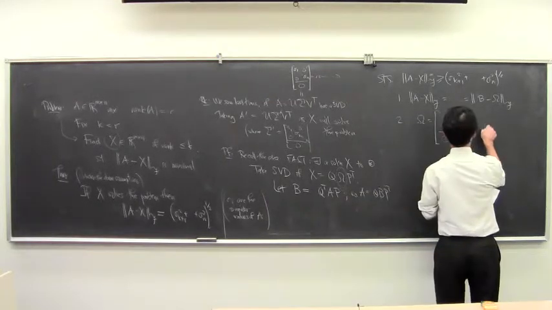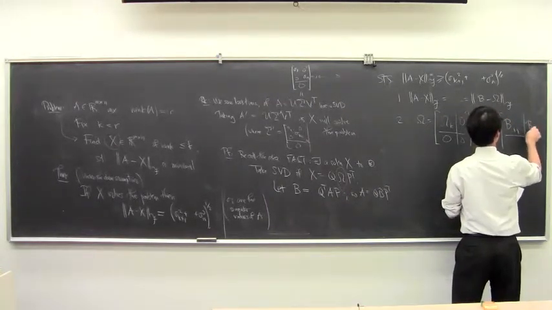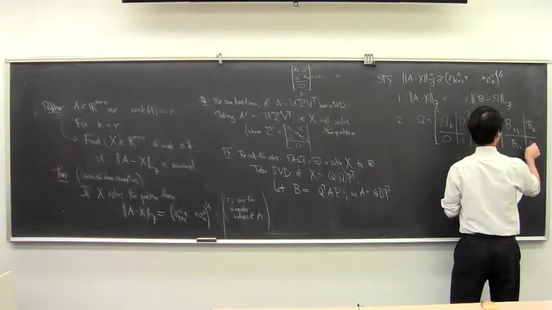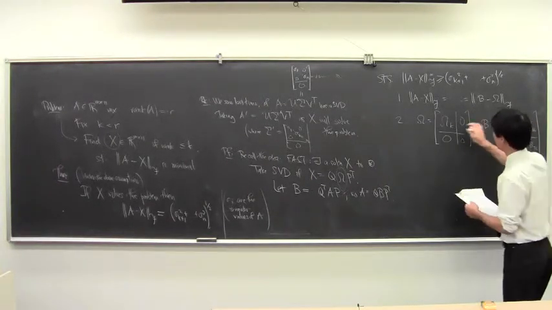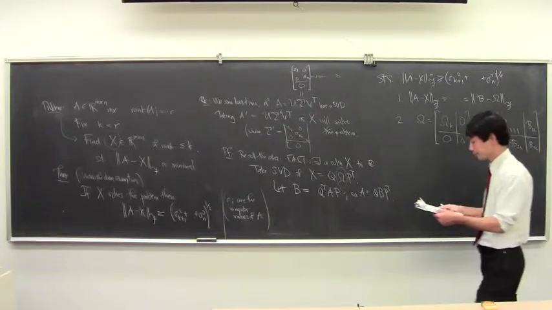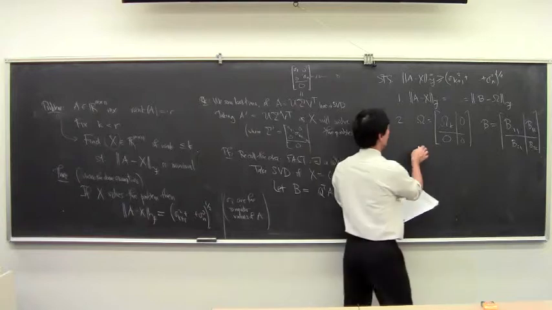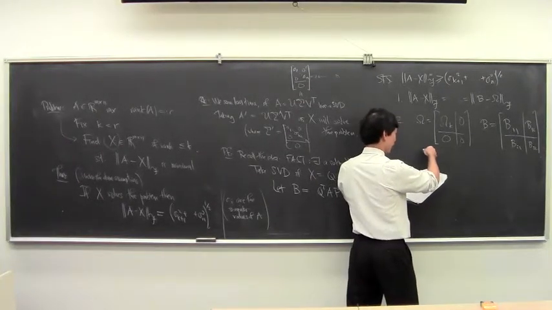And we wrote B as, we split up these parts so that they would have the same sizes as those of the split here. So this is a K by K matrix, et cetera, et cetera.